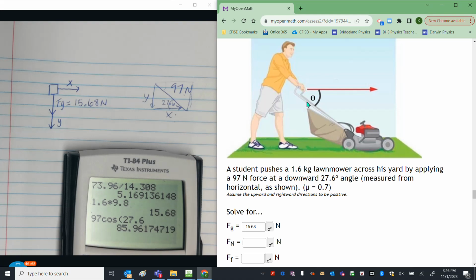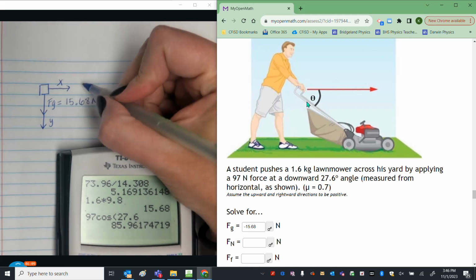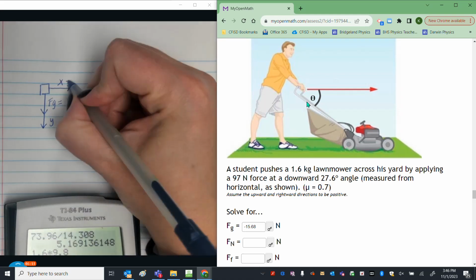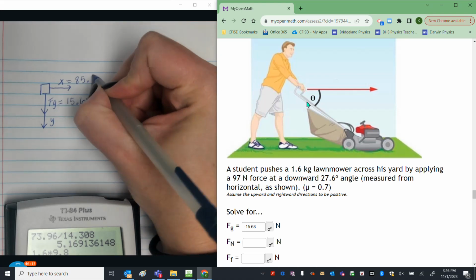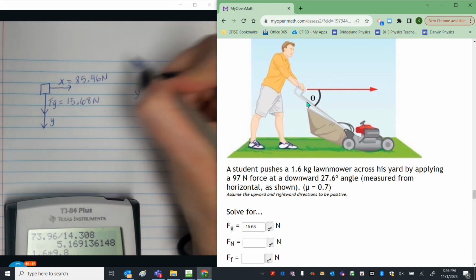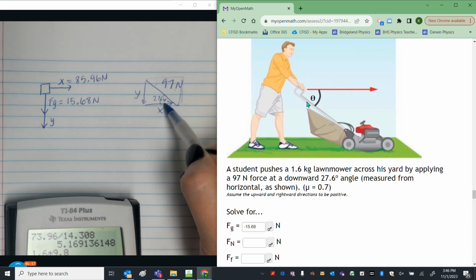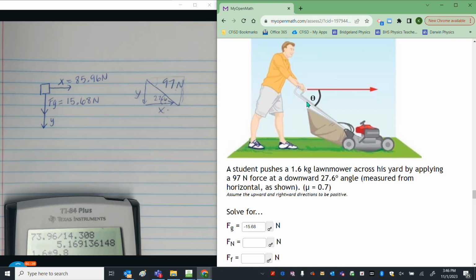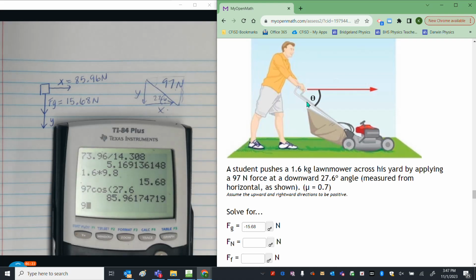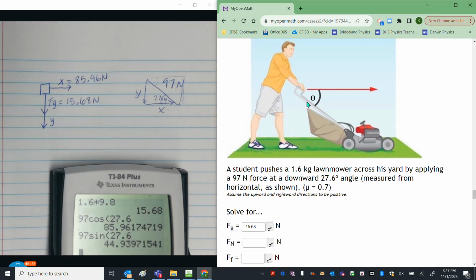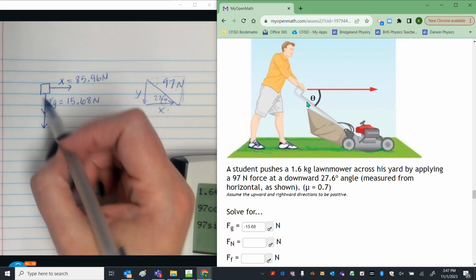That is my x component. My y component is opposite my angle, opposite hypotenuse. I'm going to use sine: 97 times sine 27.6 gives me 44.94. That's my y value.